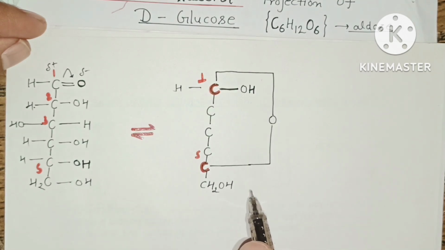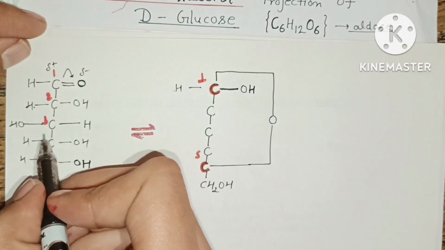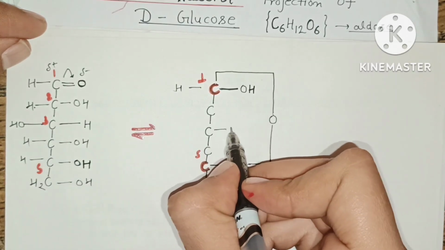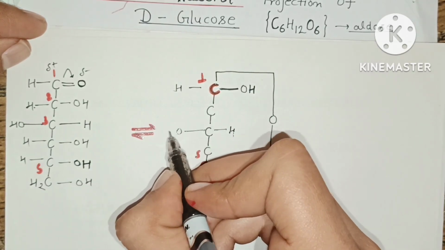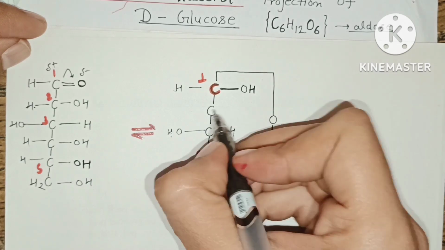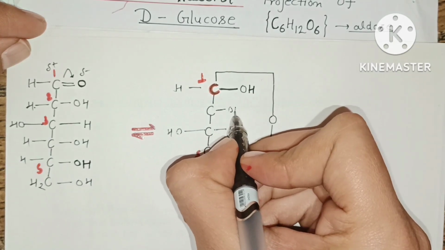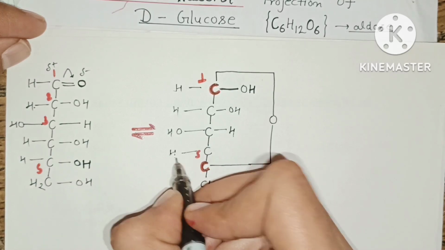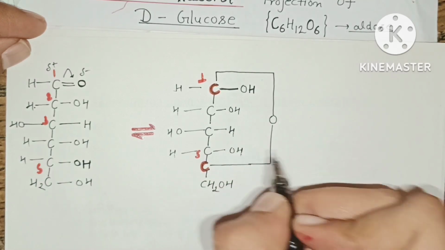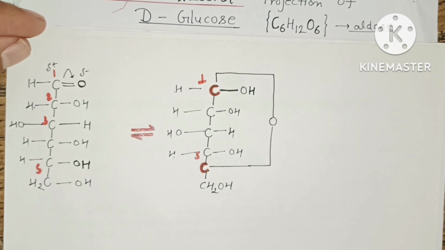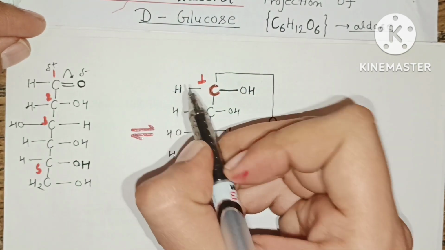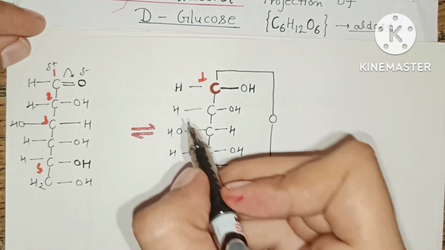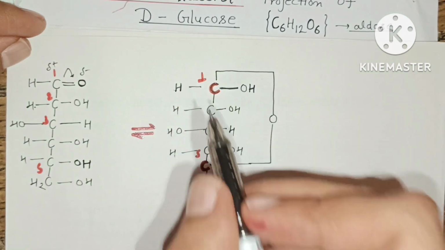No changes are required at the sixth carbon, and no changes anywhere, like the third carbon having hydrogen at right and OH over here. Rest you can copy as it is. OH, H, H, OH.